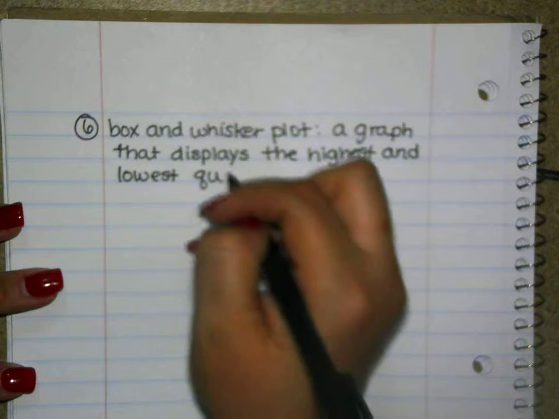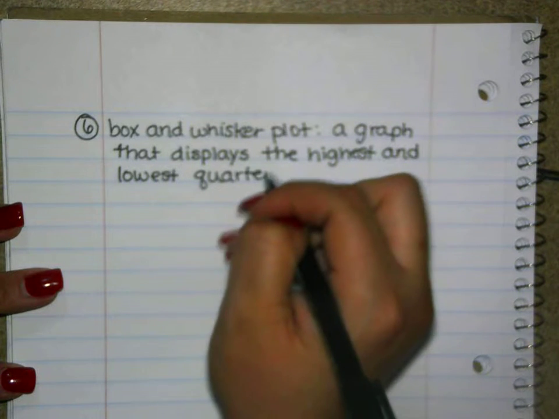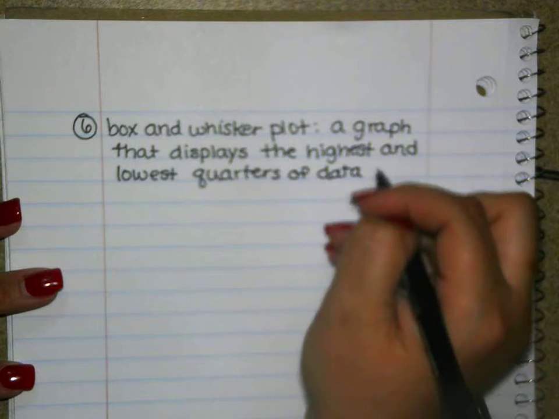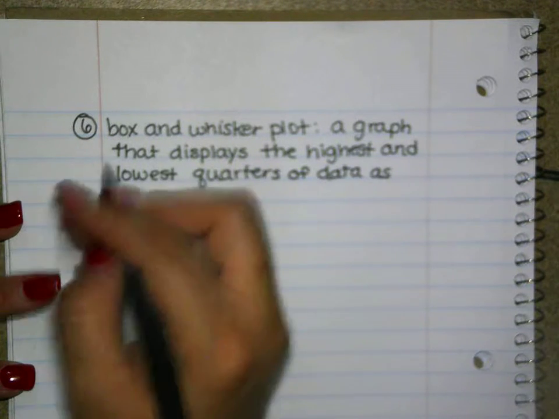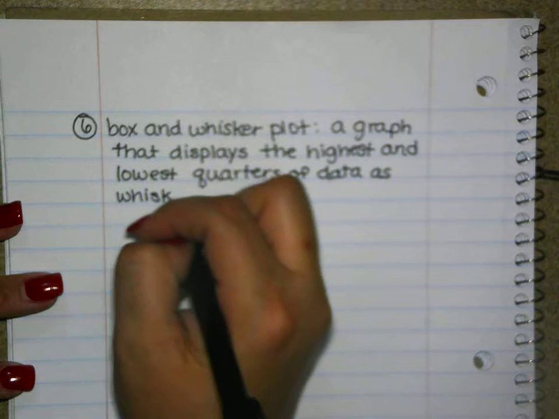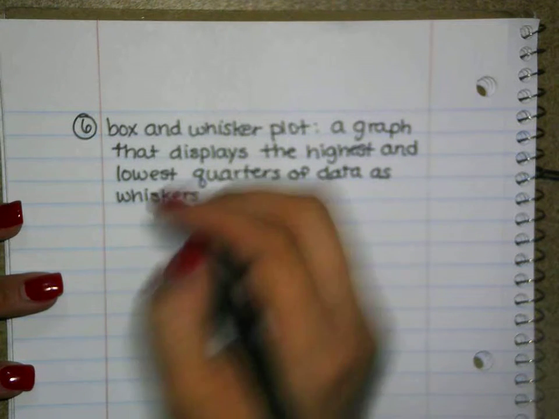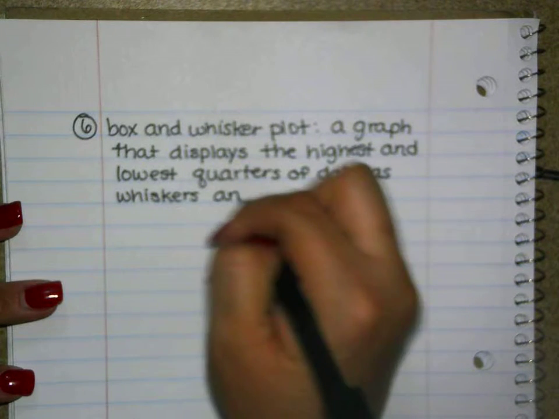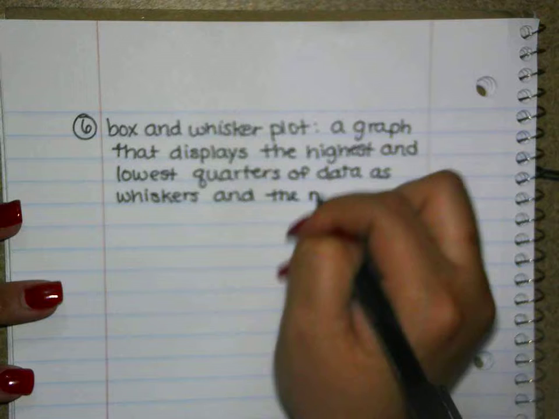So the lowest and the highest as whiskers, and the middle 2 quarters of data as a box.